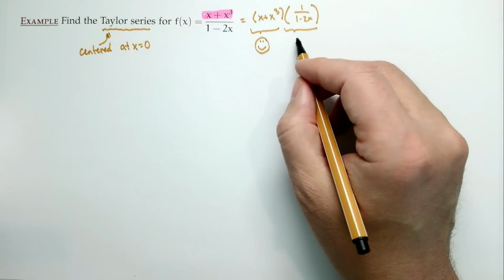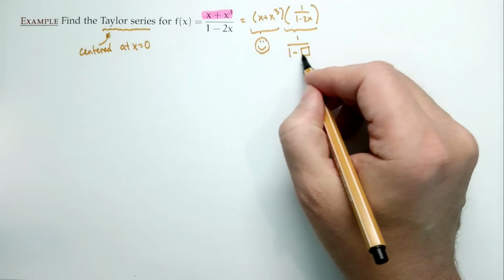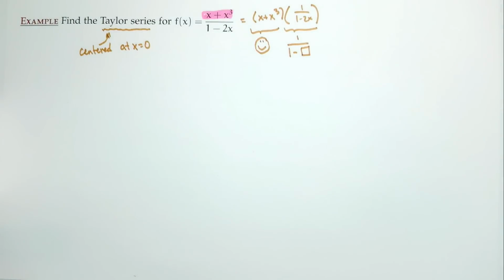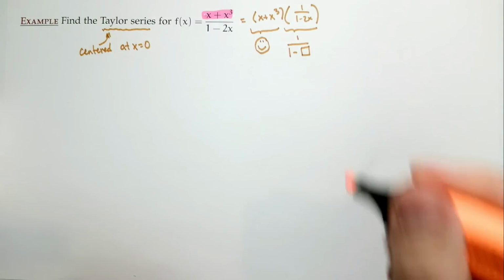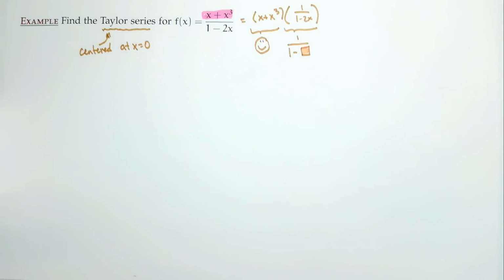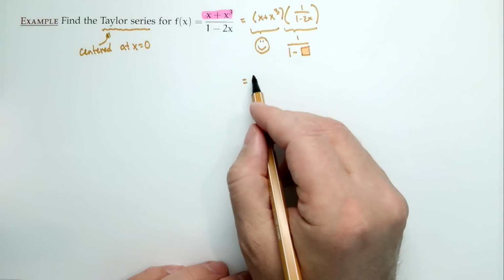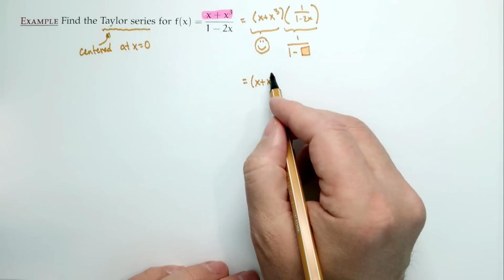You see, it feels the right form. 1 over 1 minus something. In other words, if you look at it, it's the right pattern for what we want for geometric. So that's also good news for us. That means we can work with this. So we're going to leave the first part alone. So that's x plus x cubed.